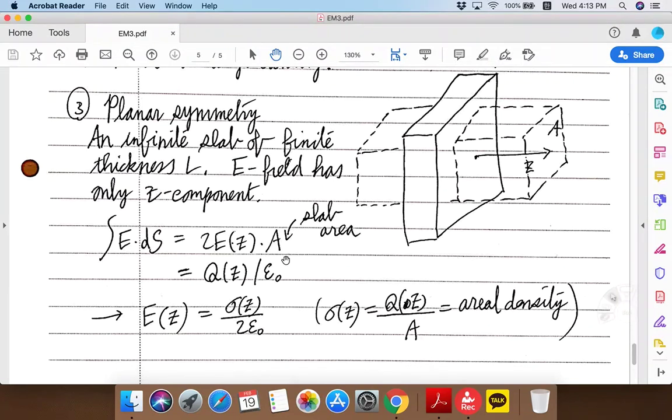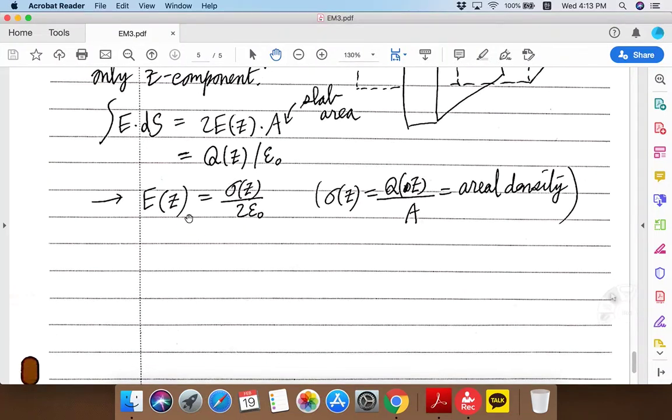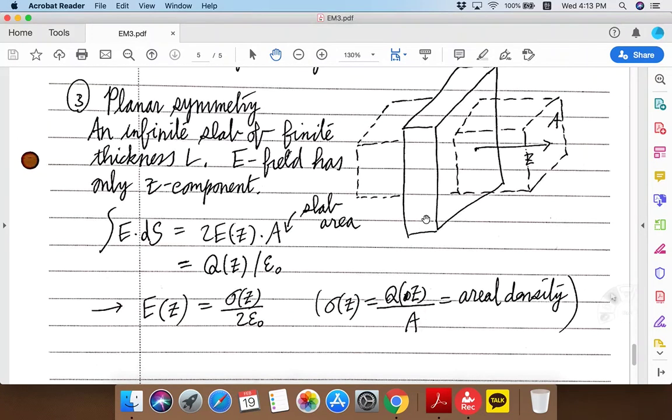So again, by dividing by the geometric factor, you arrive at this pretty familiar expression for the electric field being entirely proportional to the surface charge density. This is a surface charge density or areal charge density given by the total charge divided by the cross-sectional area.